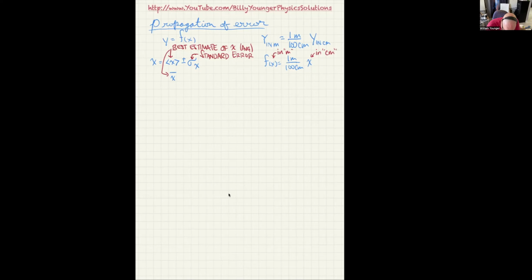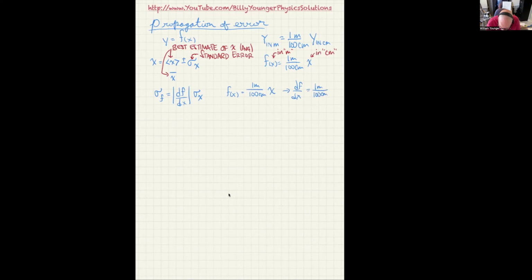Okay, so how do we handle a one variable function? Well, we've already told you that the uncertainty in f is equal to the derivative df over dx times the uncertainty in x. And notice I have absolute value bars around it. So if f of x equals 1 meter divided by 100 centimeters times x, then df over dx is just going to equal 1 meter over 100 centimeters.